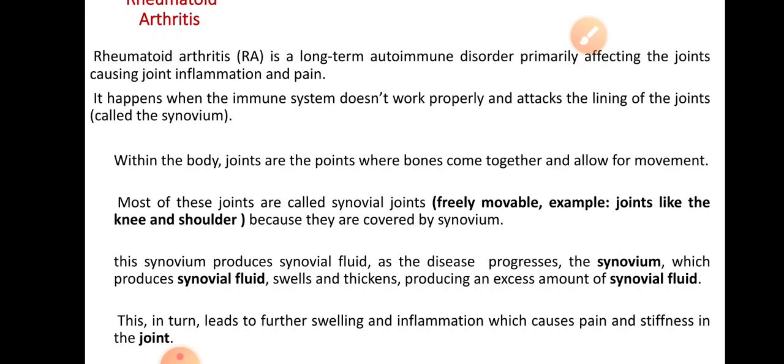As the disease progresses, the synovium, which produces synovial fluid, swells and thickens, producing an excess amount of synovial fluid. This in turn leads to further swelling and inflammation, which causes pain and stiffness in the joint.